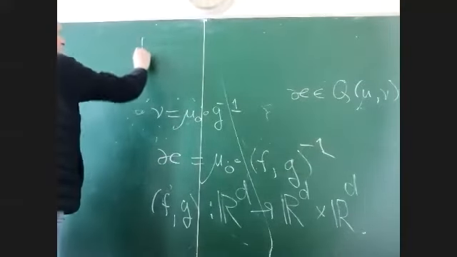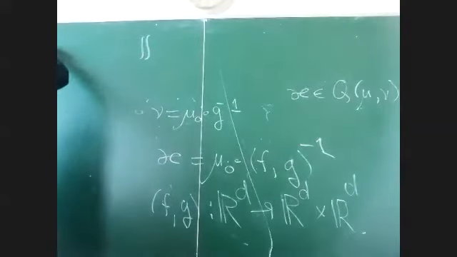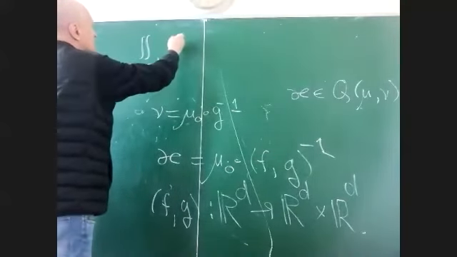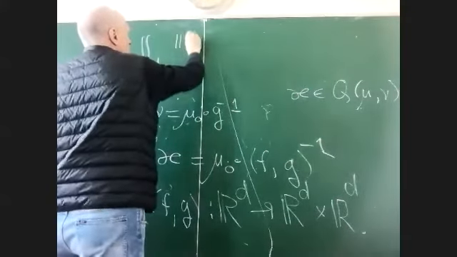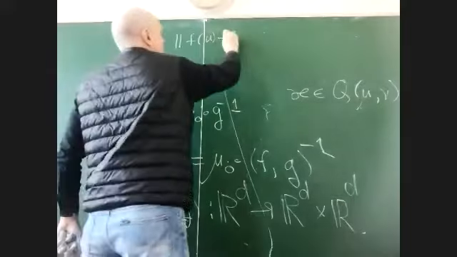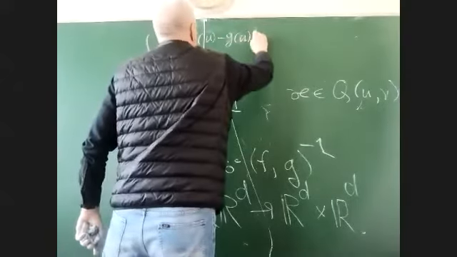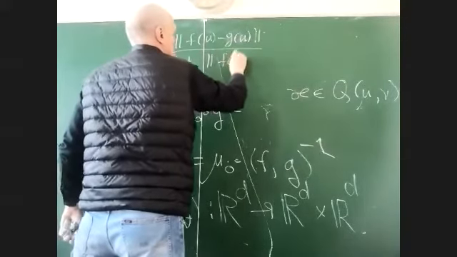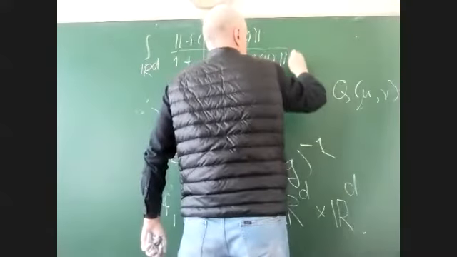for example, considering the distance indexed by 0, gamma 0, it can be estimated from above by the following: the integral of the minimum of the norm of f of u minus g of u and 1, mu_0 du, and this gives gamma 0.